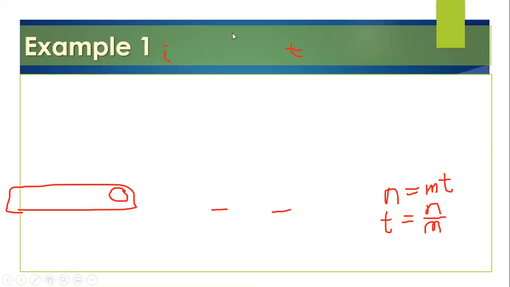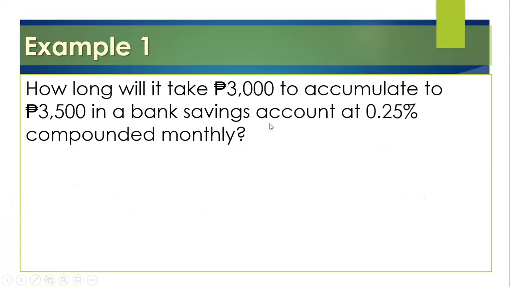So, let's have example number 1. How long will it take 3,000 pesos to accumulate to 3,500 in a bank savings account at 0.25% compounded monthly? Okay? So, dito, makikita natin ano-ano yung mga given. So, F, P, and yung interest. Meron tayong given. Ang nawawala is yung number of years.